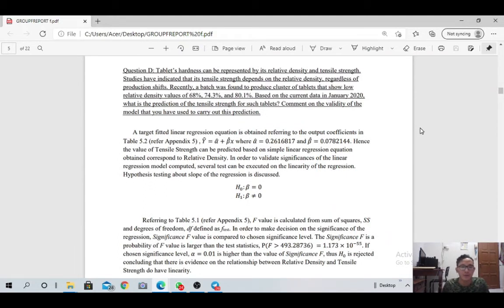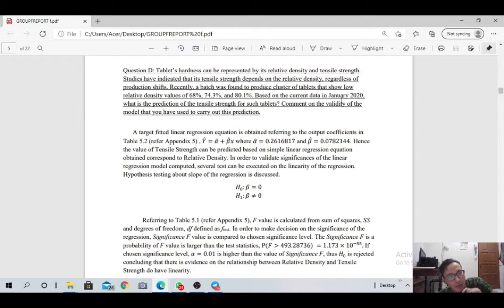So for the question D, tablet's hardness can be represented by its relative density and tensile strength. Study has indicated that its tensile strength depends on the relative density.